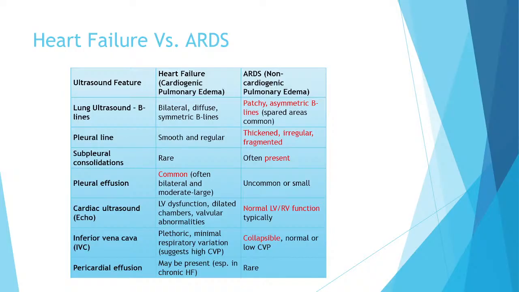When you manage ARDS, for improvement you can do repeated B-line scores to see the progression of your management. Both if you are managing cardiogenic pulmonary edema, you have to do it quickly. If you don't have the machine, you can just scan it and see. But if you have the machine, start doing the B-line score.